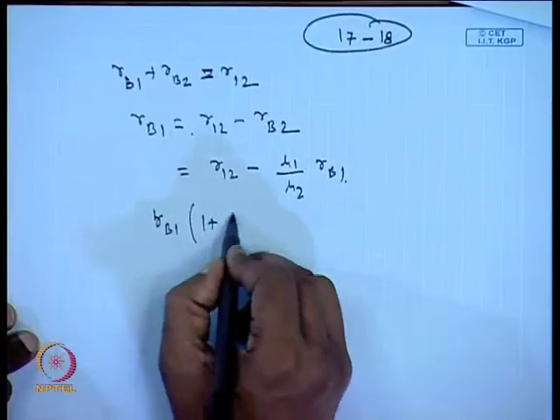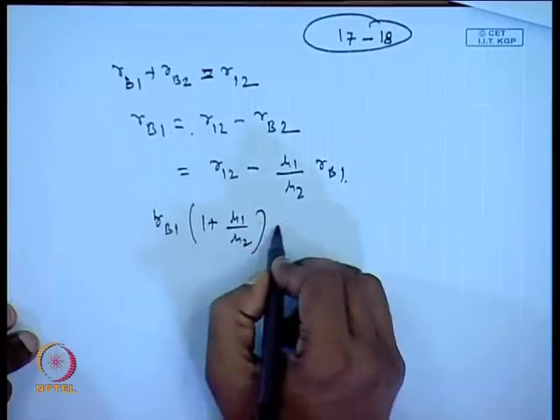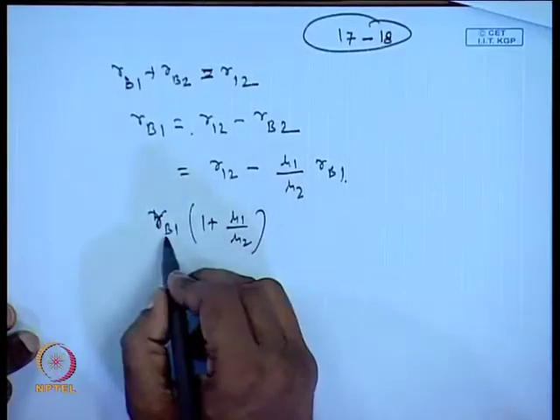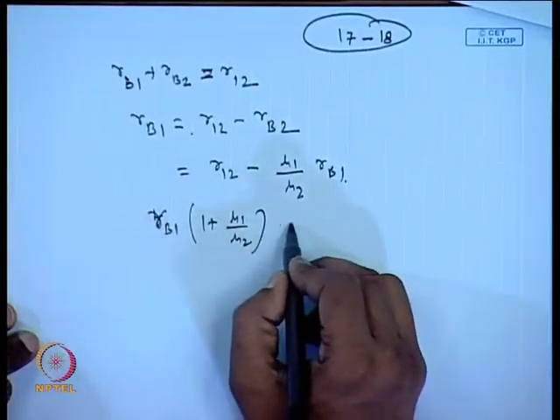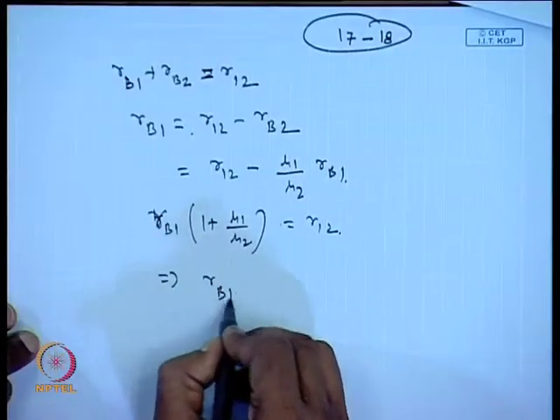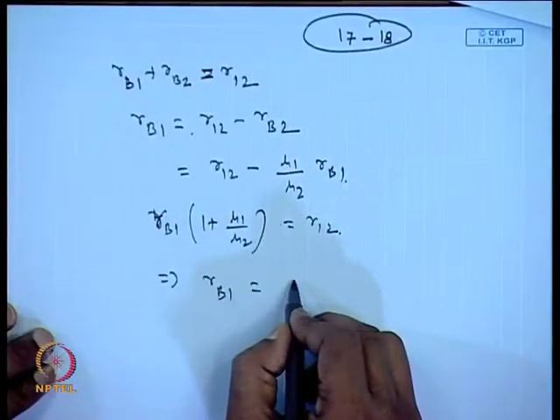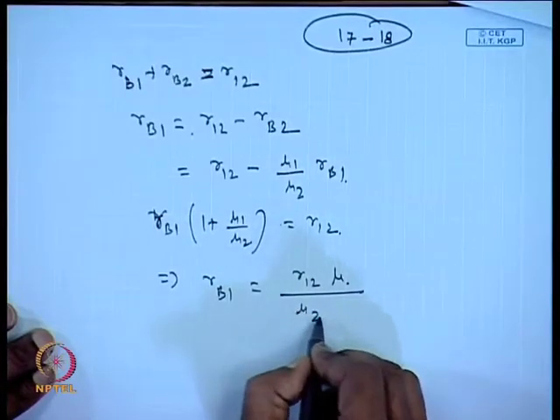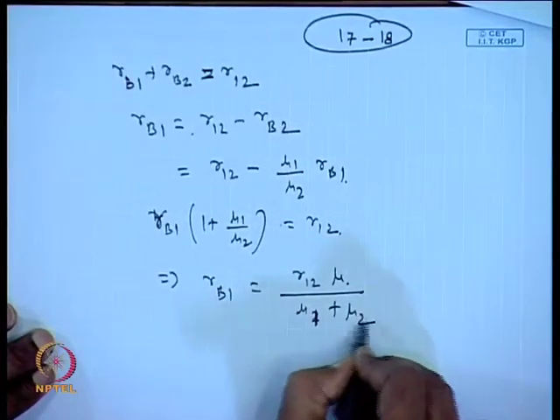Earlier also we have proved this result. So, R_b1 times (1 plus mu_1 by mu_2) becomes R_12, and this implies R_b1 is equal to R_12 mu_2 divided by (mu_1 plus mu_2).